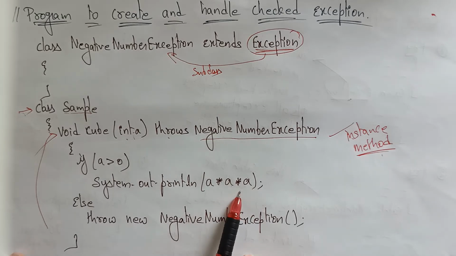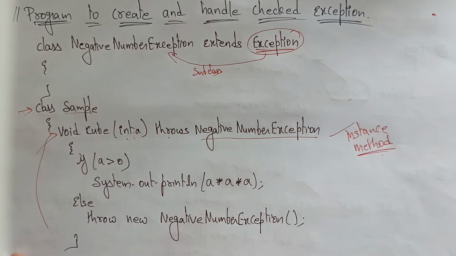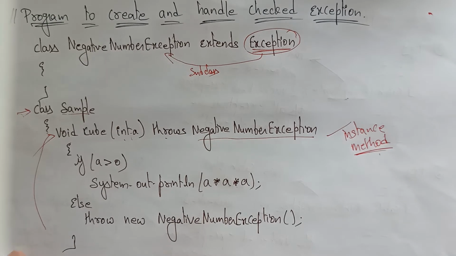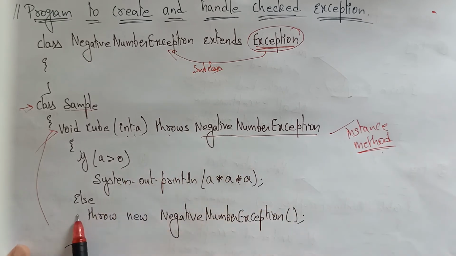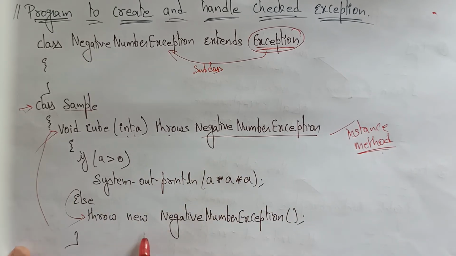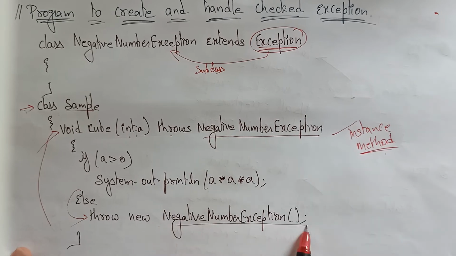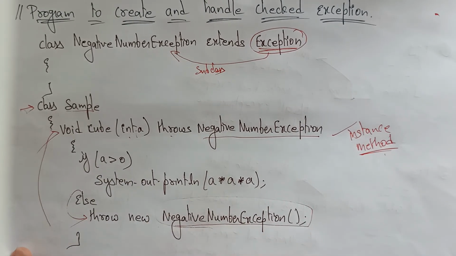Otherwise, suppose you entered something other than a number, a string, or a negative number, anything like that, then it throws an exception. What exception? throw new NegativeNumberException will be raised.